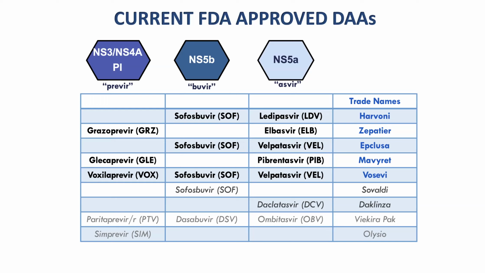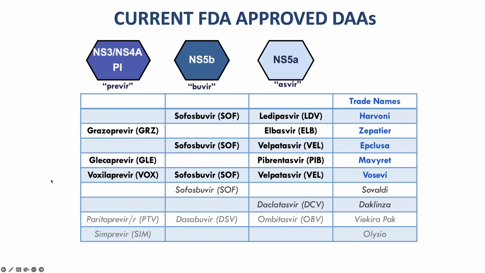And the reason they're recommended over some of the others is that they work regardless of genotype. Okay, so some of the other ones on this list, like Harvoni, Zepatier, they are only effective against certain types of hepatitis C, whereas Epclusa and Mavyret, they are effective against all types of hepatitis C.